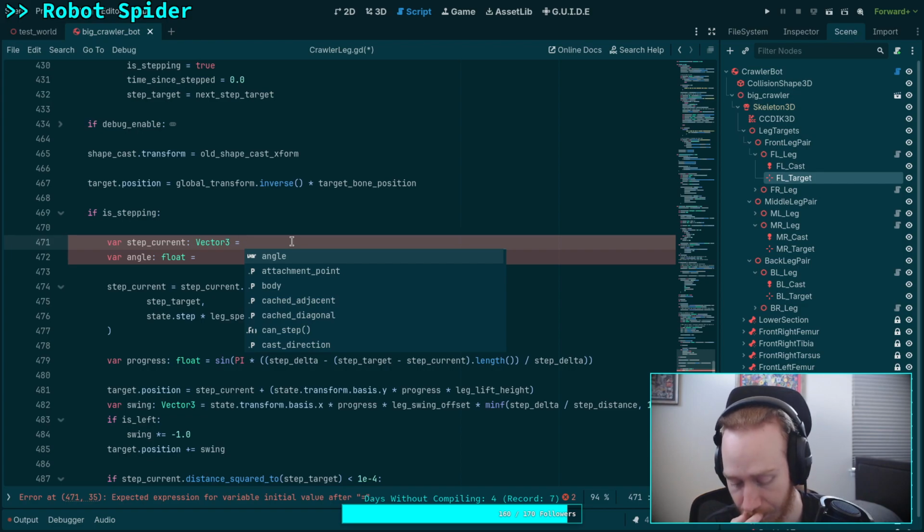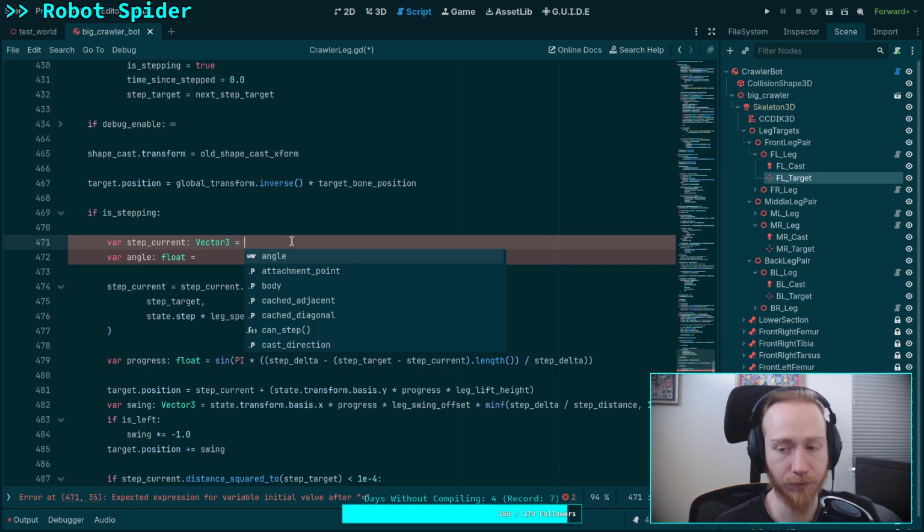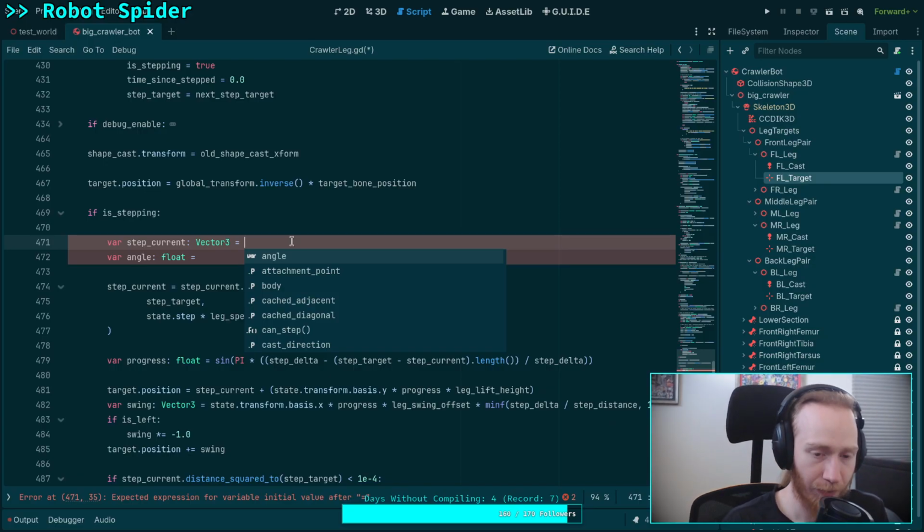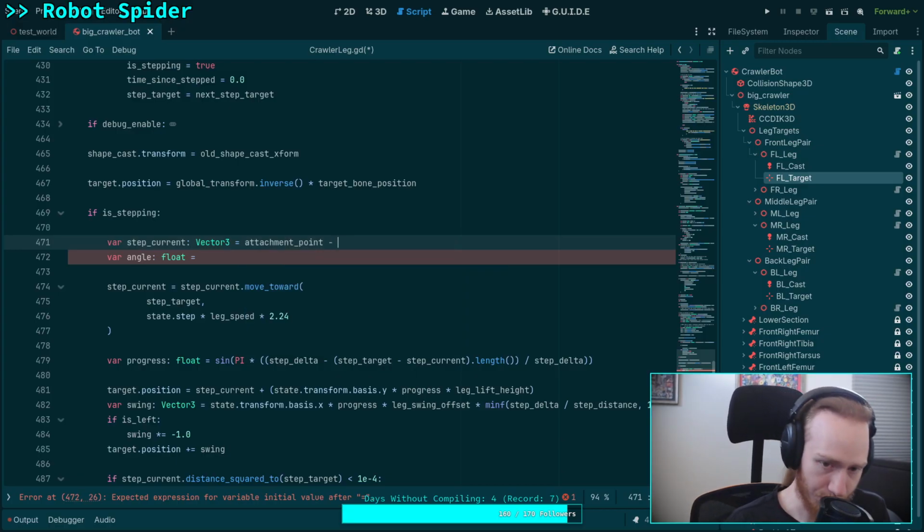So I will do... I need the vector pointing to the target position. So to start with this over the attachment point.